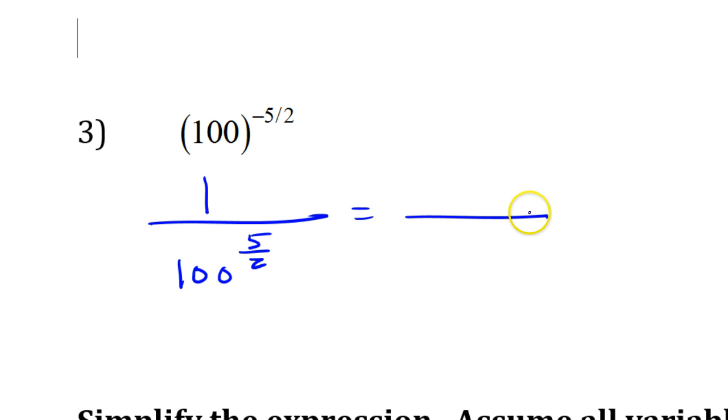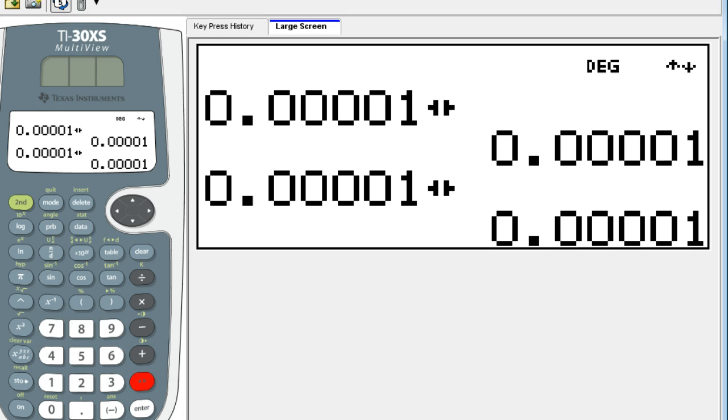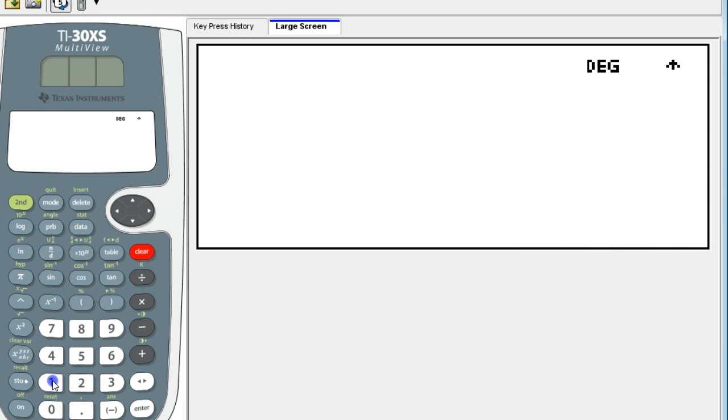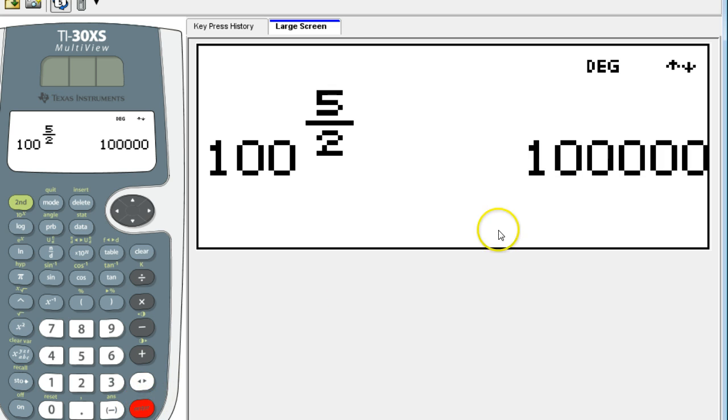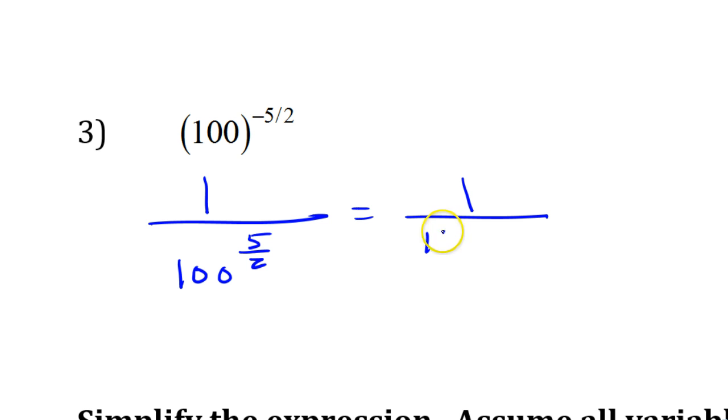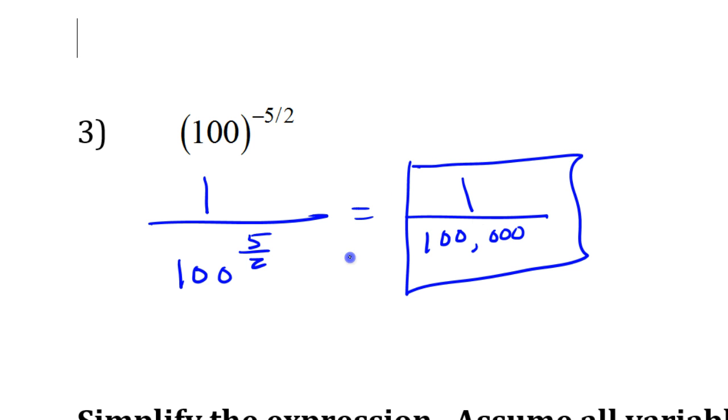Alright, so it's just going to be 1 over something. So what's 100 to the 5 over 2 power? Maybe my calculator can do this part. 100 to the 5 over 2 power. Alright, so that is 100,000. That means this is 1 over 100,000. 1/100,000th. So that is the answer that you want, not the decimal.